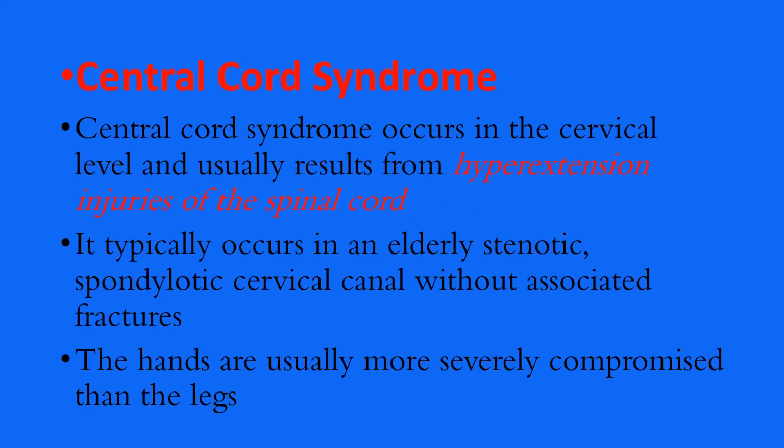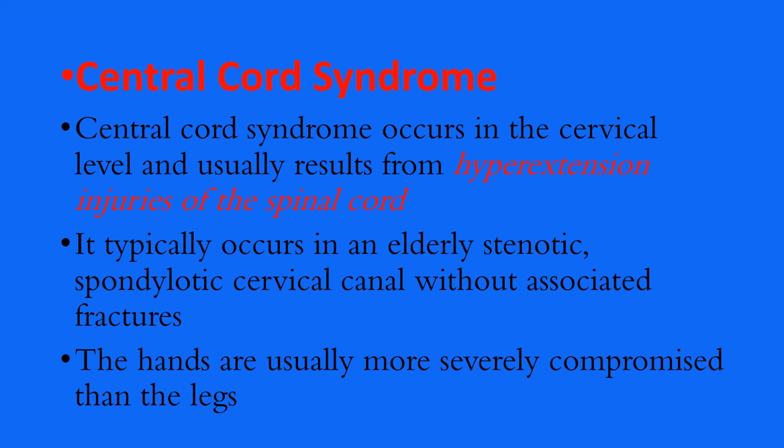The central cord syndrome occurs at the cervical level and usually results from a hyperextension injury. What will happen? You have a thickened ligamentum flavum, and you have the cord. They come across each other and they compress the cord.